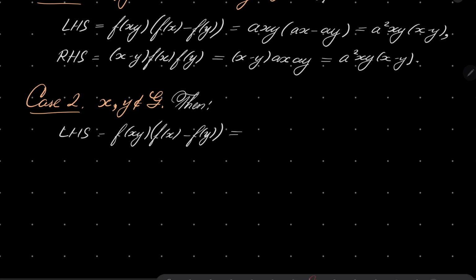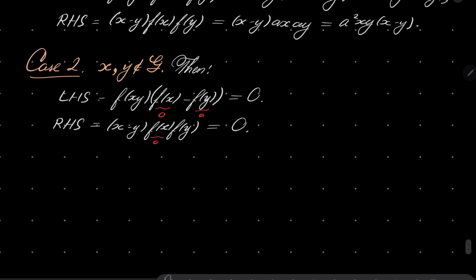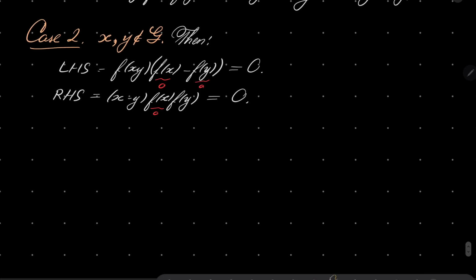Well, since both elements are not in our subgroup, this is 0, this is 0. So the entire left-hand side is 0, while on the right-hand side we have x minus y, f of x, f of y. Well, this is 0, so it's also 0. Left-hand side is once again equal to the right-hand side.